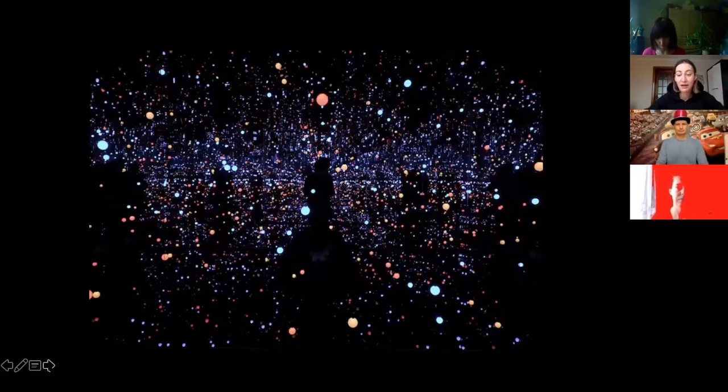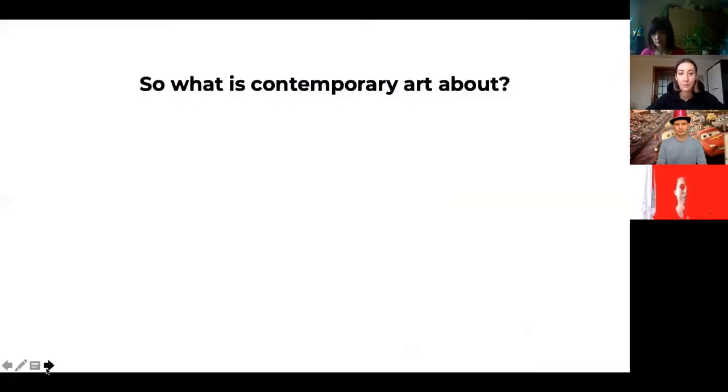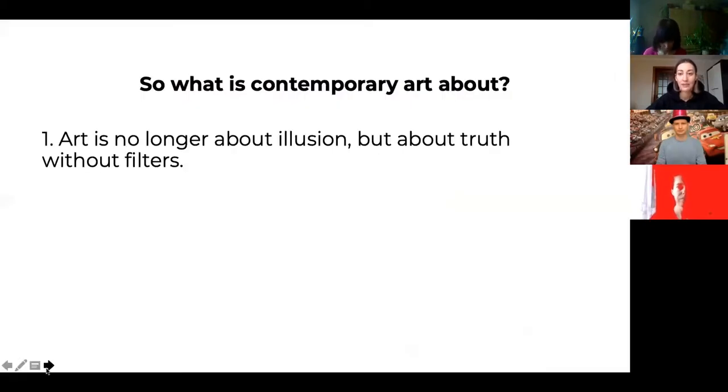So contemporary art comes in different types of forms. It can be an installation or it can be a performance. Here you see Marina Abramovic, the Serbian artist. And it's the short summary. It's not only about illusion, it's about the truth. An artist becomes a politician, because any kind of art, even if it's just street art, is public, so it's political.